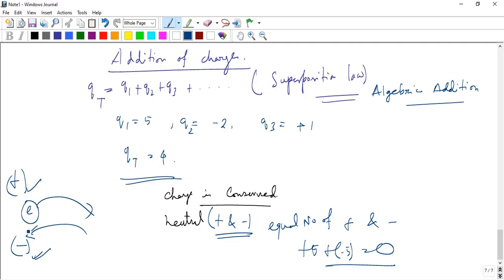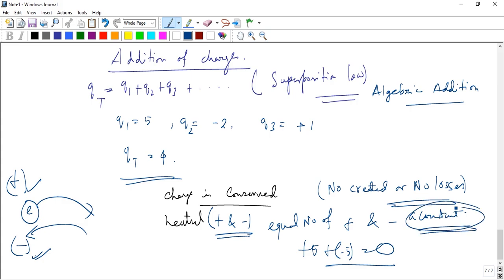So actually an electron is moving from one body to another body, but no new charge is created and no charge is lost. Charge is conserved at a fixed, constant value. This is called conservation of charge.